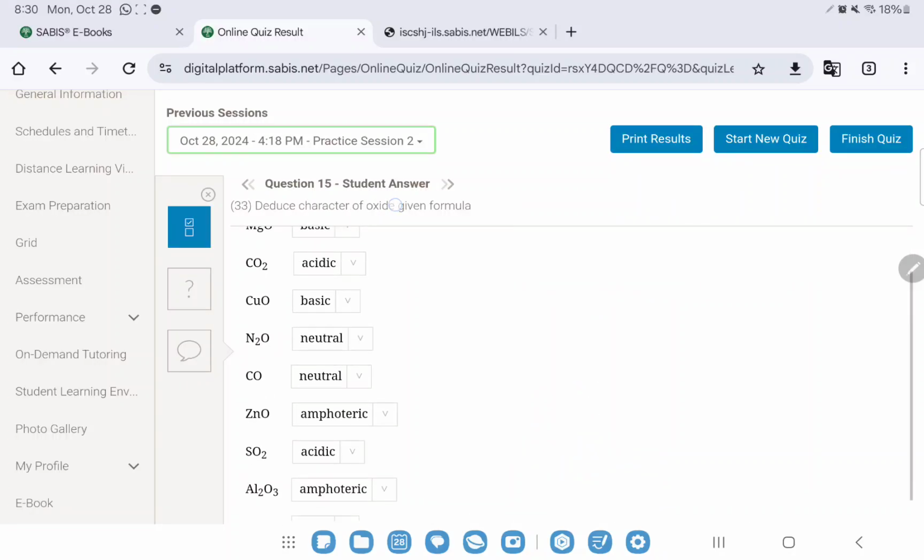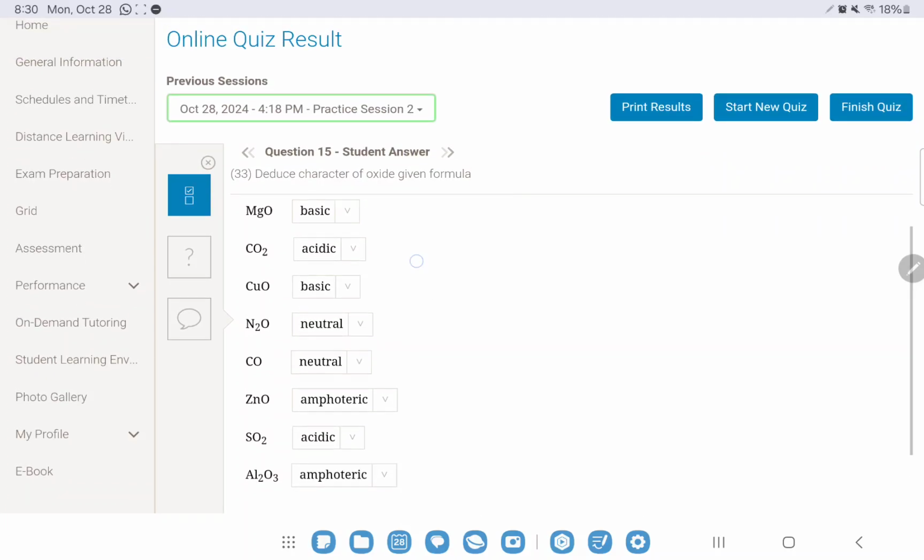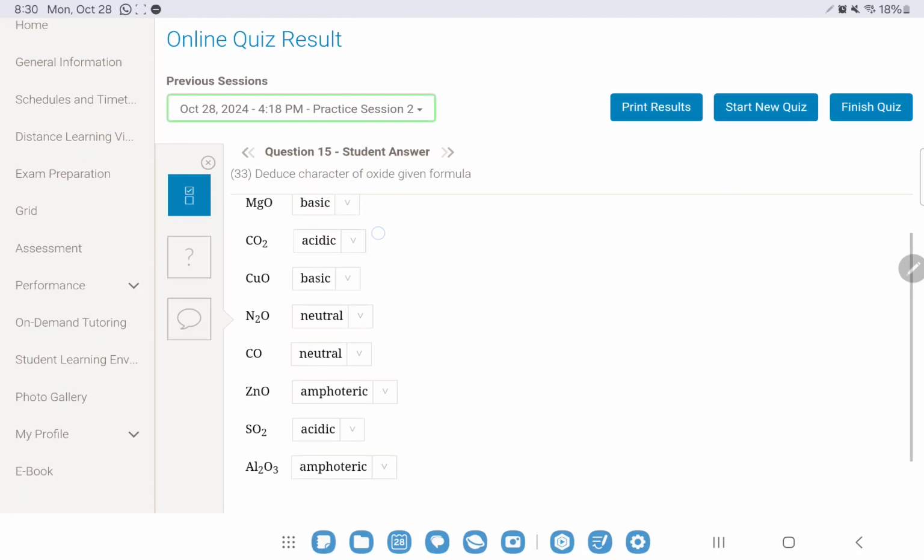Now this, memorize, but I'm going to help a bit. Let's solve the ones we can see. MgO, if it's not one of the ones I told you to memorize in my video, and like I told you, memorize all the amphoteric ones and all the neutral ones, and the rest you could deduce. Basic means it's most likely a metal oxide.